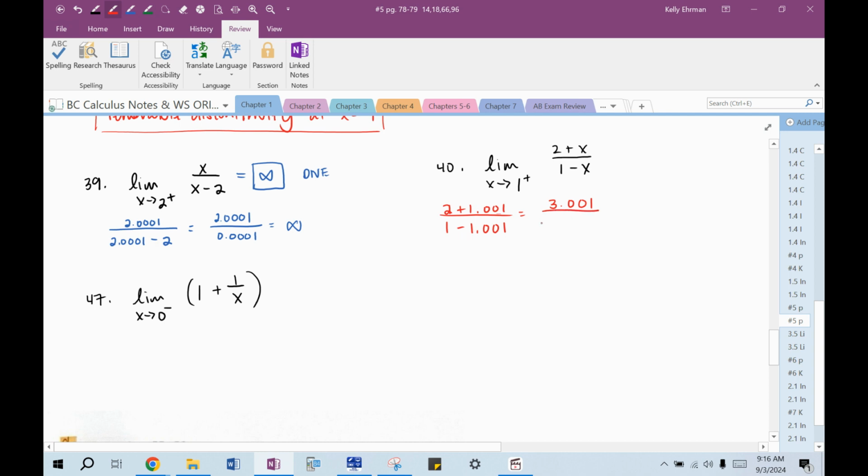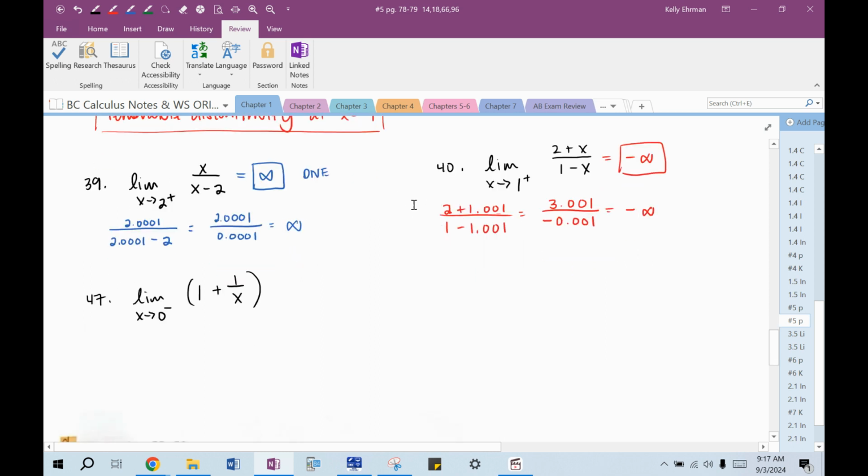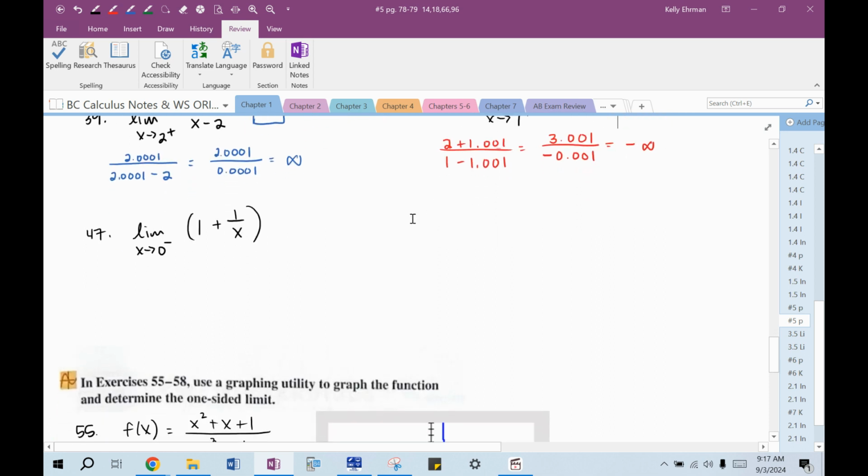This subtraction is going to leave me with negative 0.001. So a positive divided by a tiny negative is going to divide out to negative infinity for that one. Again, you can verify by graphing, but if we're not allowed to use a graphing calculator, you want to be able to analyze things numerically. It's also quicker, less room for error if you're trying to sketch by hand.